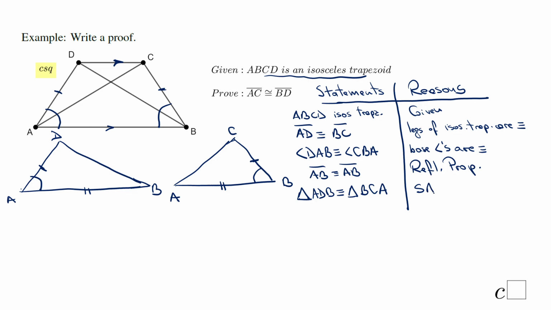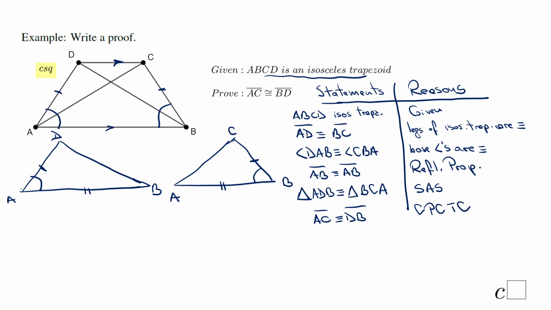Side angle side theorem. And now, based on the fact that these 2 triangles are congruent, we can say AC congruent with DB. Why? Corresponding parts of congruent triangles are congruent.